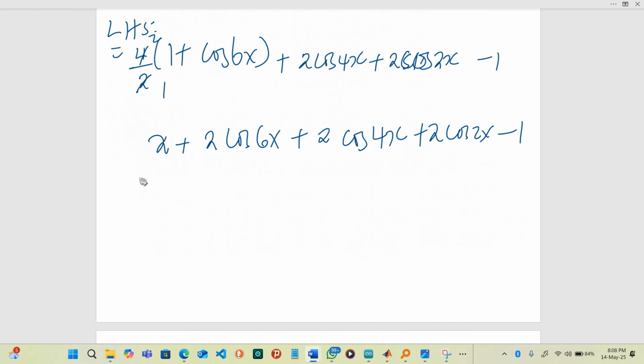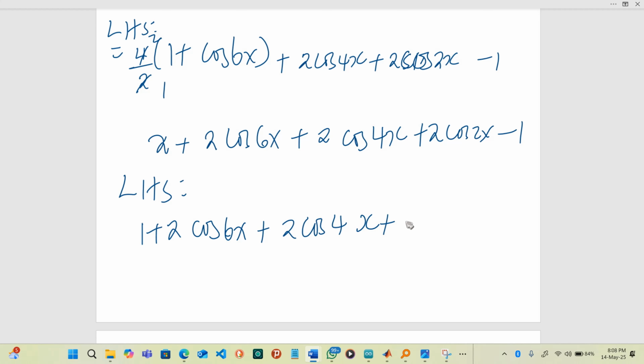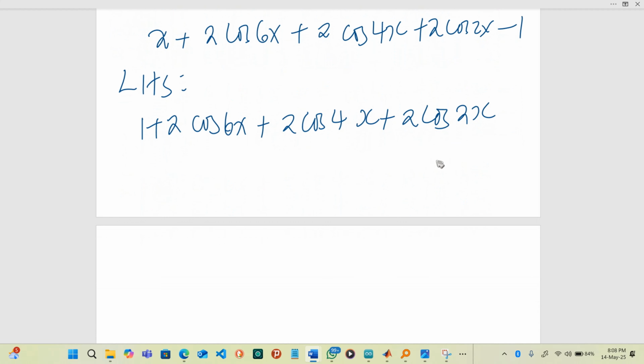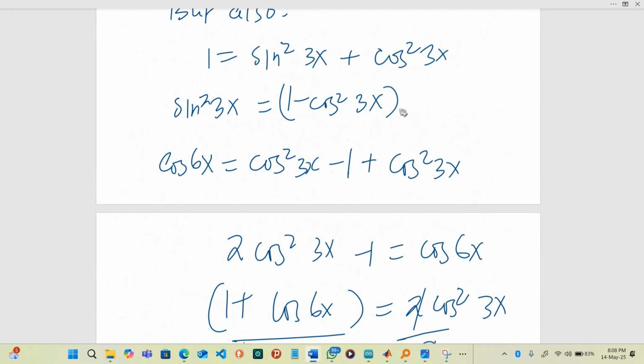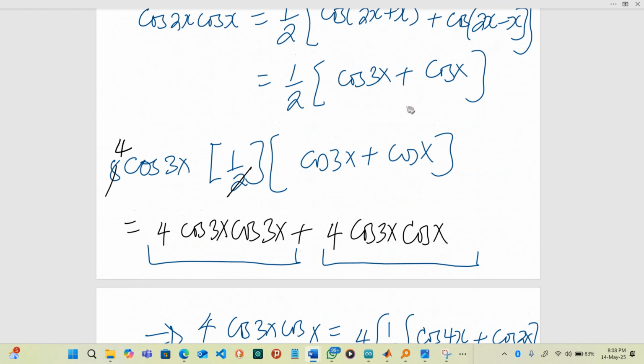Therefore, the left hand side will be 1 plus 2 cos 6x plus 2 cos 4x plus 2 cos 2x. So that is the right hand side. Let's call it star. That is the left hand side.